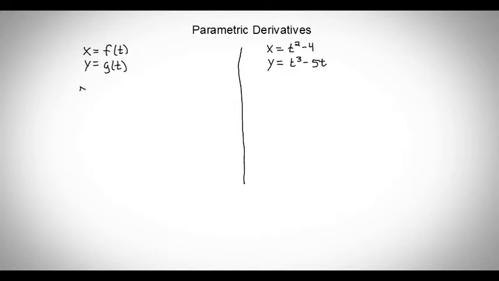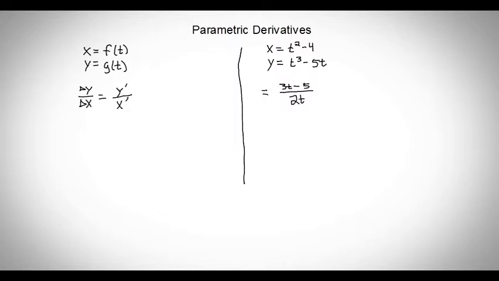The derivative is simply a fancy way of saying slope, change in y over your change in x, which in the case of our parametric functions, hopefully it makes sense that that is y prime over x prime. When we do that with our numbers, the derivative is going to be equal to the derivative of the y, which will be 3t squared minus 5, over the derivative of x, which is 2t.